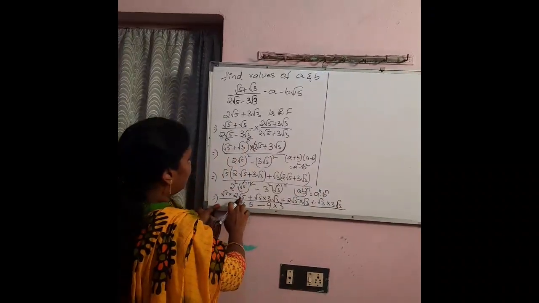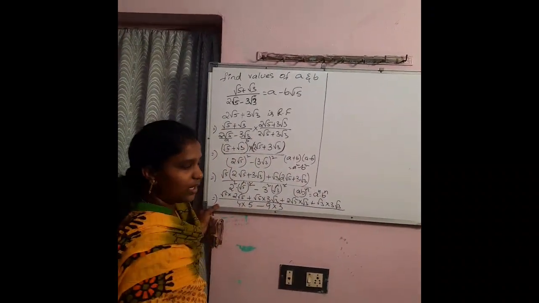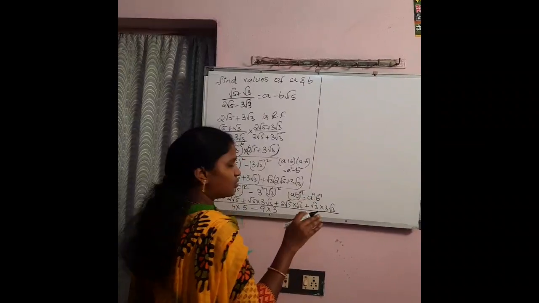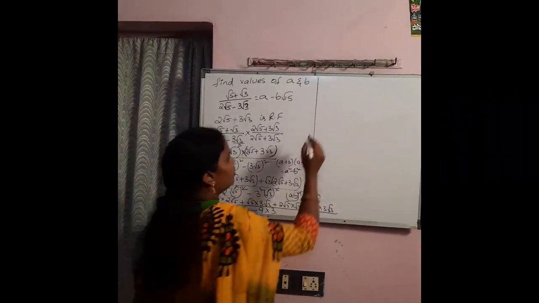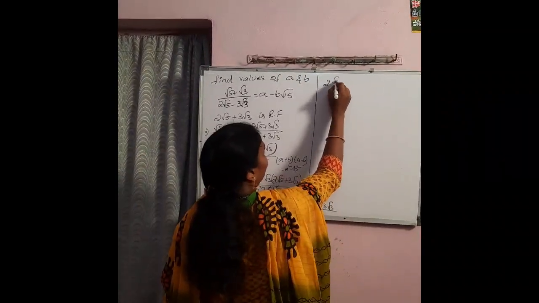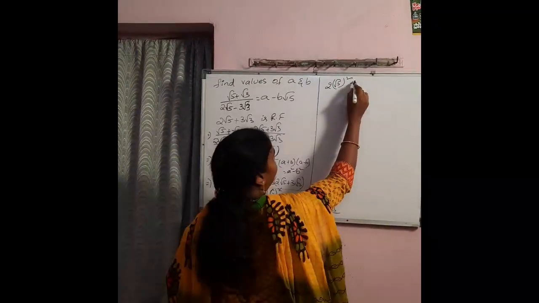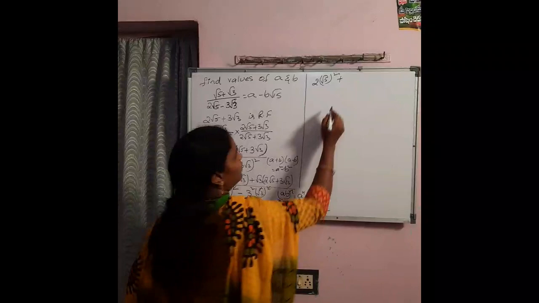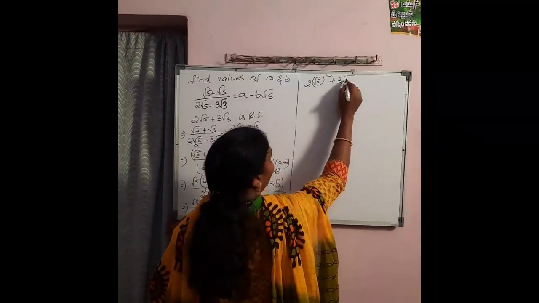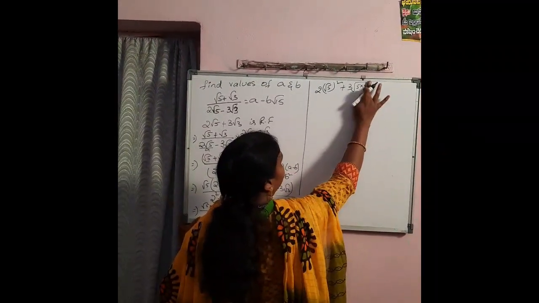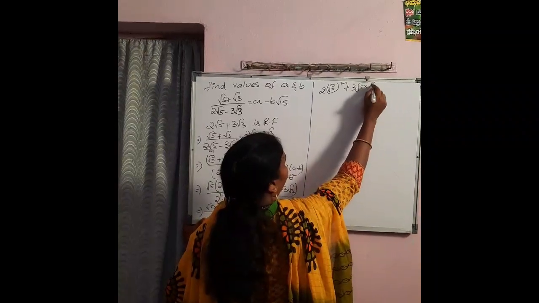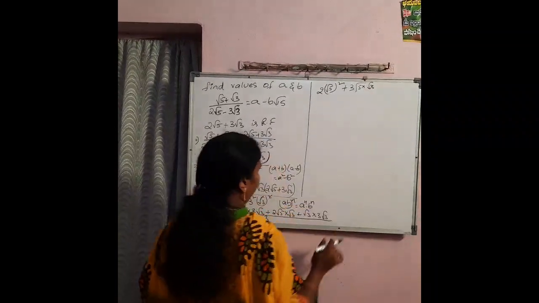Now root 5 into root 5, root A into root A can be written as root A whole square. So 2 into root 5 whole square plus 3 into root 5 into root 3.